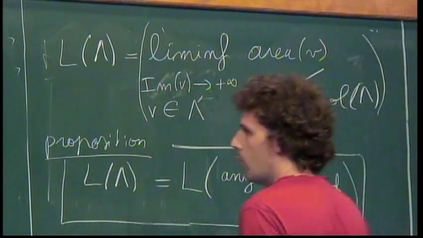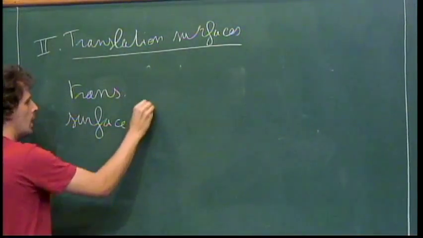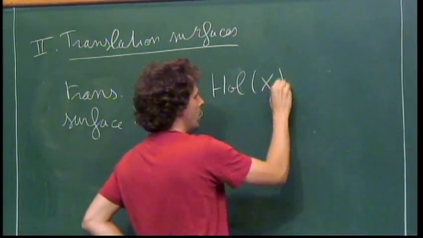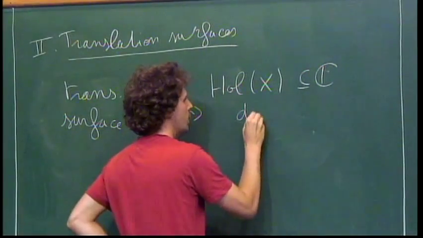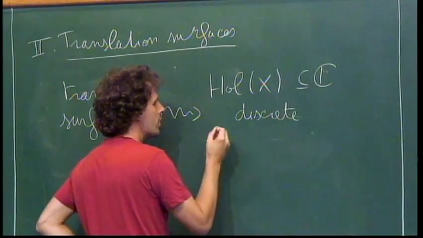And so the question is how you get a discrete set in the plane from a translation surface. And these are the so-called saddle connections. So to a translation surface X, I can associate a subset of the plane, which is discrete, which is the set of holonomies of saddle connections.